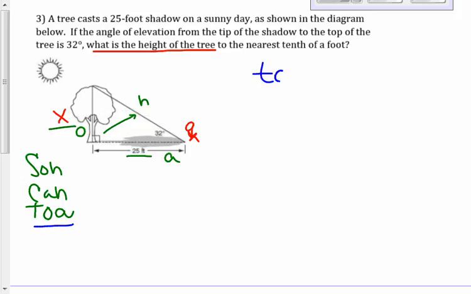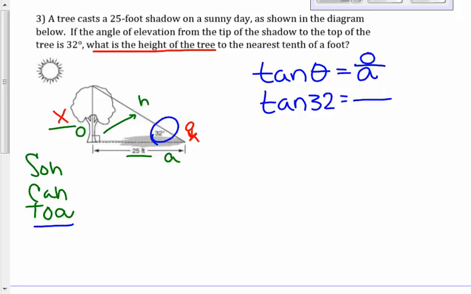So we're going to have tangent of theta equals opposite over adjacent. We substitute in what we know. Tangent, theta is the given angle, so that's 32, is equal to your opposite, which we don't know, that's the height, so we put in a variable x, all over our adjacent, which is 25.